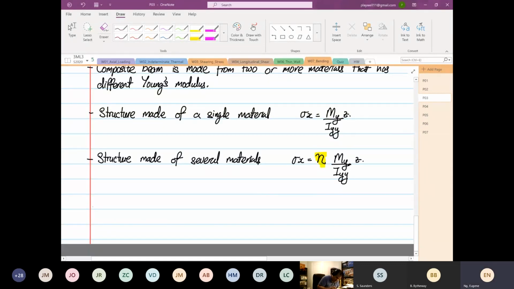So where N, I mean it's not N, but I'm gonna call it N for simplicity's sake, okay? Is the coefficient of the reference material. Okay, so that's what it means.